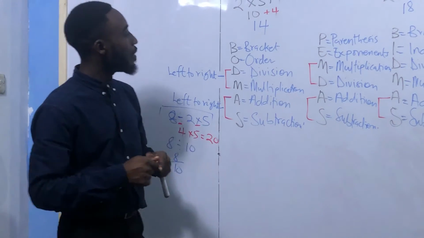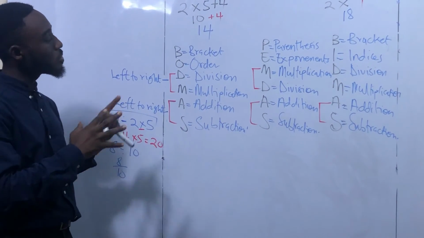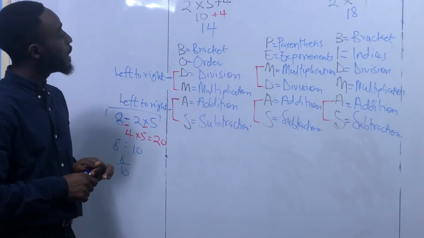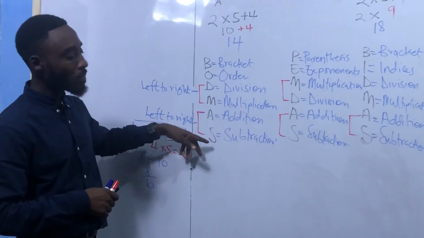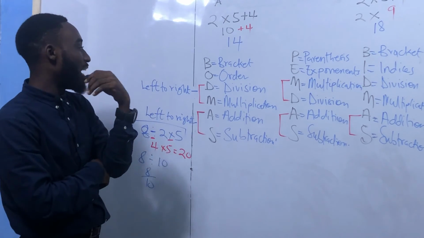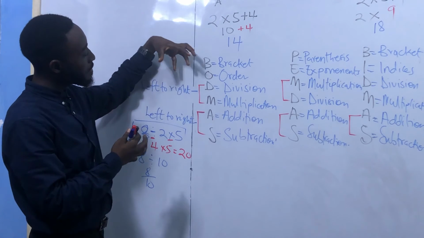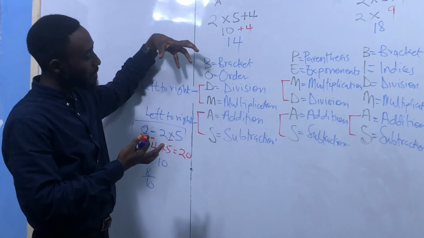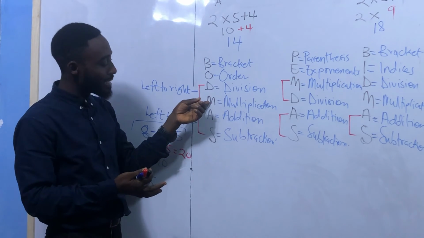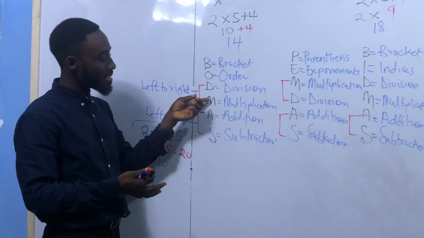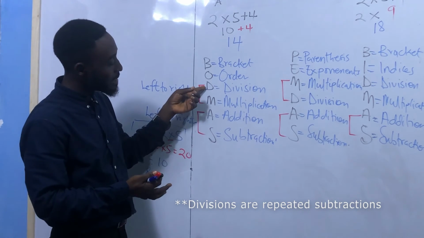All right, now I've been trying to come up with a conceptual approach to why I think it's arranged this way, from bracket, order, division, multiplication, addition, and subtraction, and not subtraction first. I feel that it's arranged this way because we are solving from more complex stuff. You can see that subtraction and addition is smaller. Multiplications are repeated additions, and then divisions are repeated subtractions.